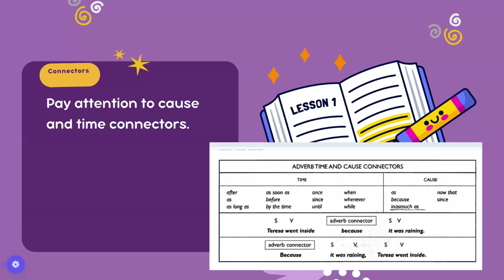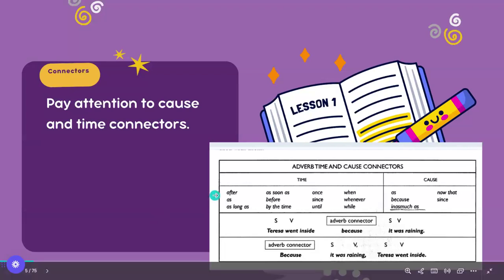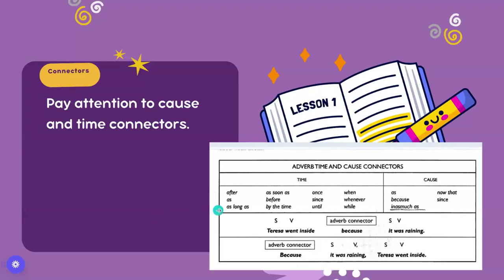Last class, we practiced connectors for coordinating conjunctions, which are but, and, or, yet. But we have other connectors. And we have some that are called adverb time and cause connectors, which are after, as long as, as soon as, before, by the time, once, since, until, when, whenever, while.